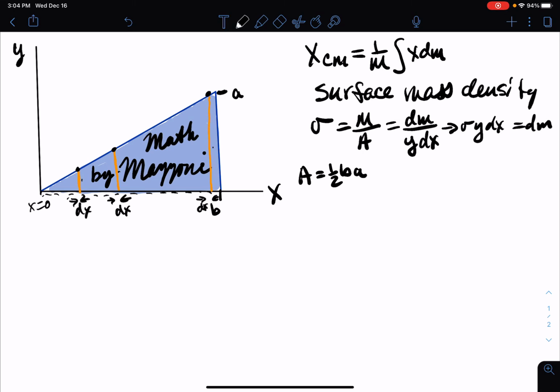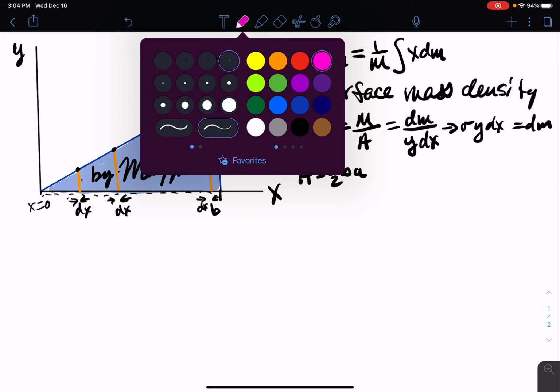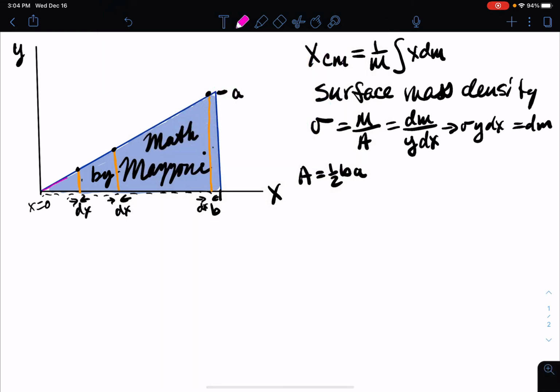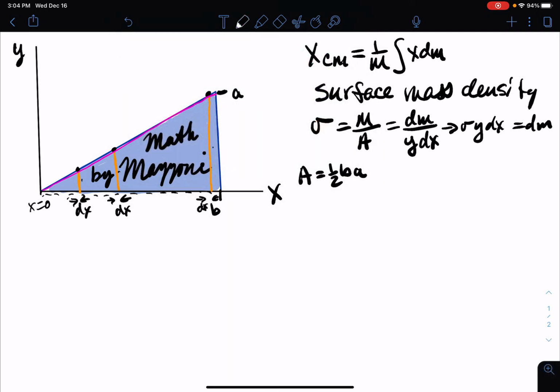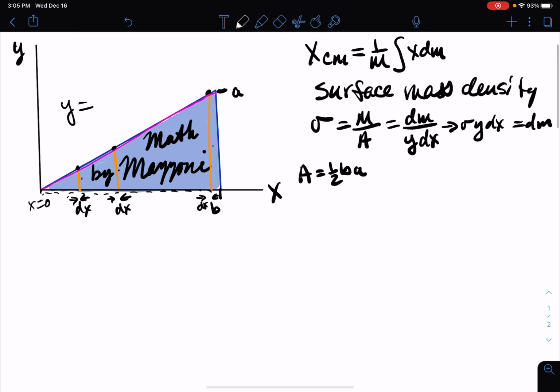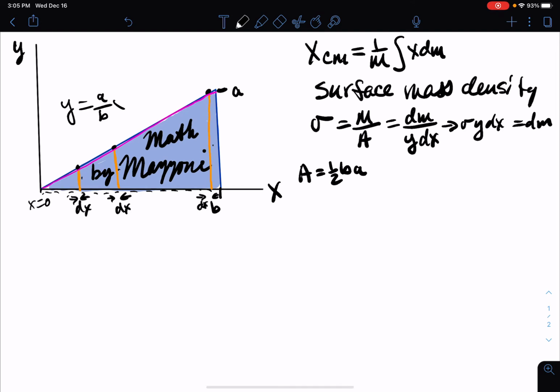Now we need to think about, let's change colors. Let's use pink. Let's think about this line, this hypotenuse line right here. I want to think about what that must mean. In order to locate a particular y value based on the x value, that purple line has the equation y equals the slope times x. Well, the slope is the rise, A, over the run, B, times x.